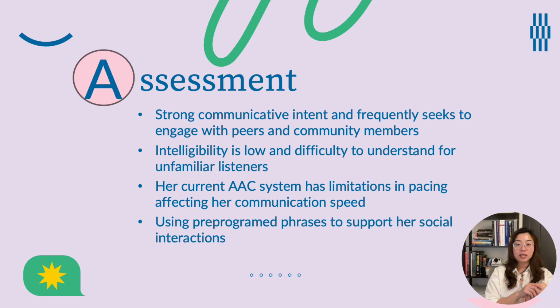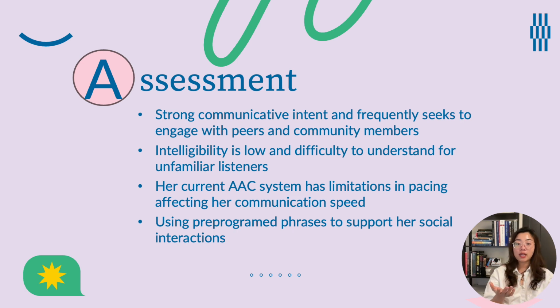The assessment is that she currently has a lot of strong communicative intent. So she really wants to communicate, and she frequently seeks out to engage with peers and community members. But her intelligibility is low, and because of that, people have a hard time understanding her, especially unfamiliar listeners.